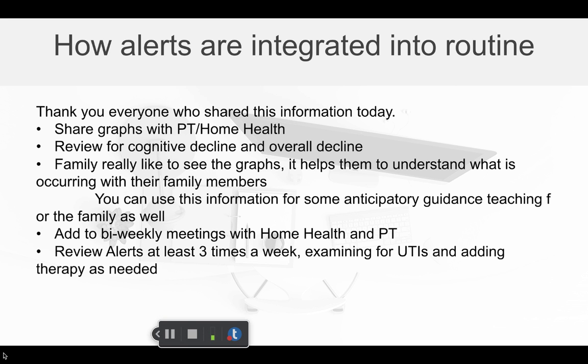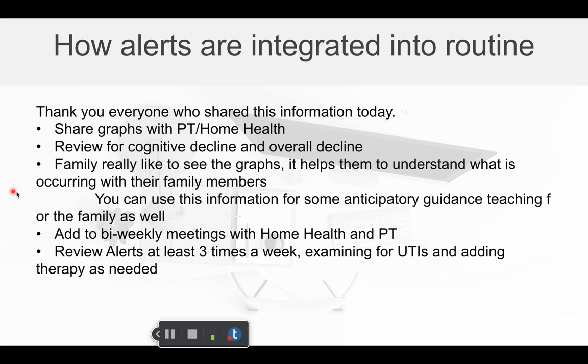Some of the staff at other sites around the state have given us some ideas about how to incorporate these alerts into your daily routine. They suggest, first of all, reviewing the alerts either daily or 3-4 times a week, and then share some of the graphs and information with physical therapy, home health care, review for cognitive decline, overall decline.